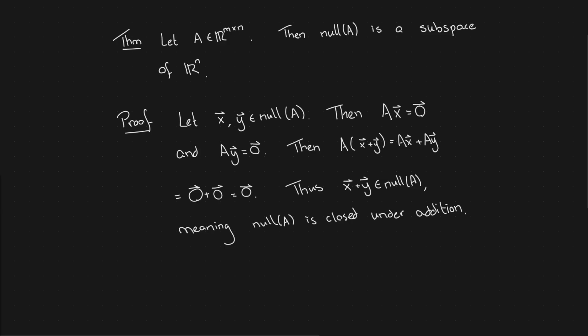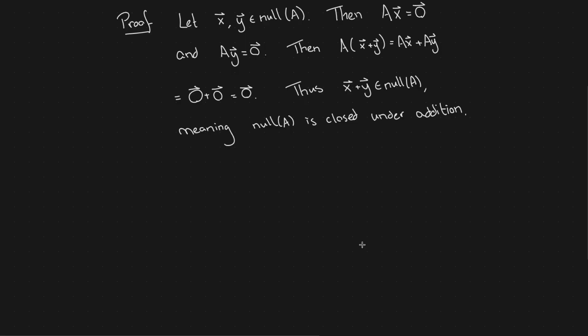We still need to show that the null space of A is closed under scalar multiplication. If it's also closed under scalar multiplication, then the null space of A is a subspace of Rn. So I've already got some arbitrary element x of the null space of A. I need a scalar. So next, choose an arbitrary scalar k in the set of real numbers.